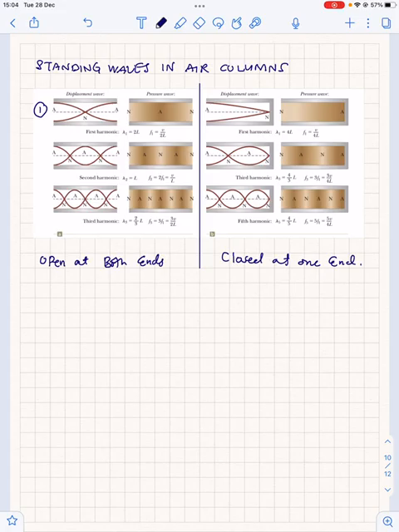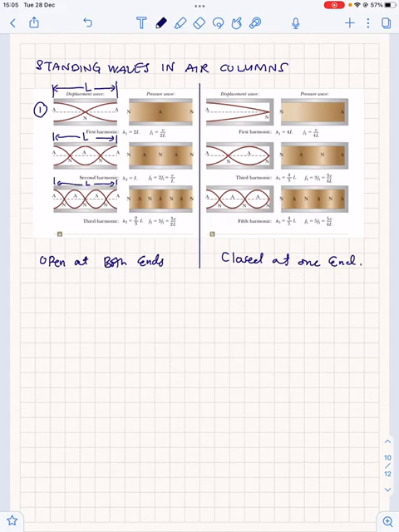Okay, guys, we are taking into consideration the length of the tube, or air column. An air column is like a tube. Let's consider the distance here. The length of the tube or air column is equal to L, so all of them have the length L. This is a similar concept to standing waves on a string.